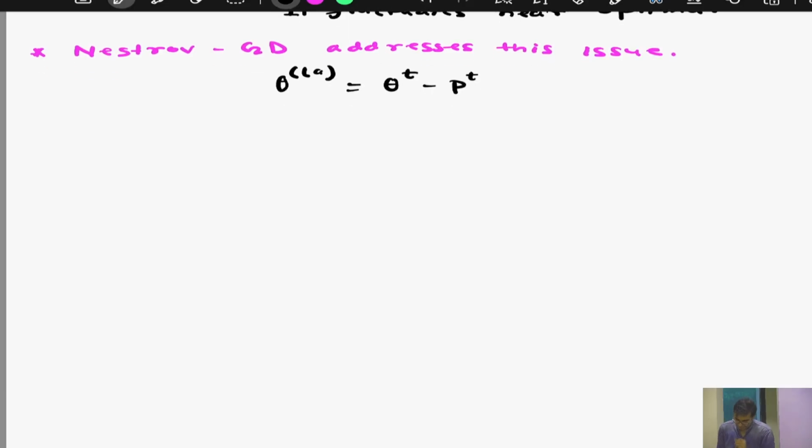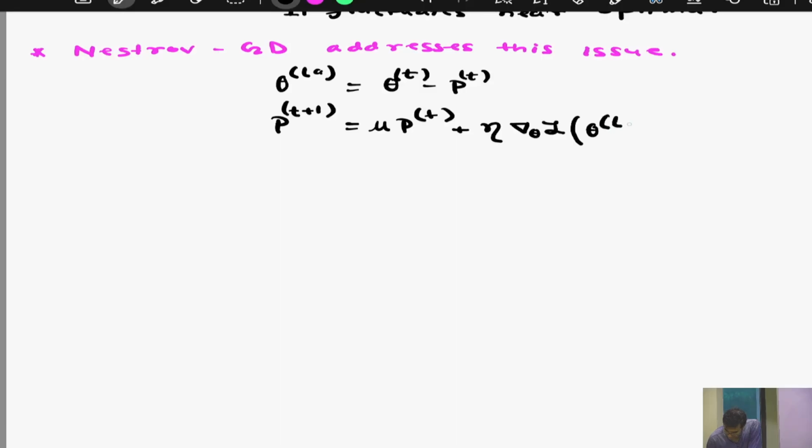So pt plus 1 is equal to mu times pt plus your learning rate times the gradient of the loss with respect to theta, and here it changes: it is evaluated at theta LA.